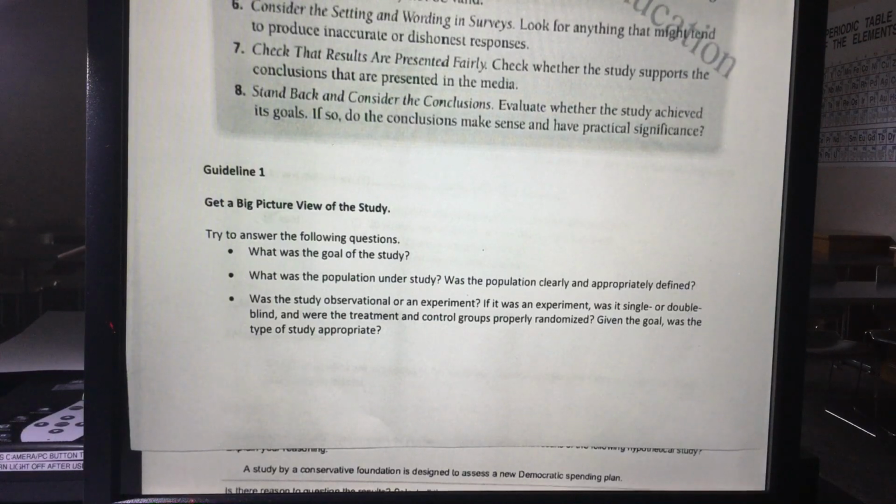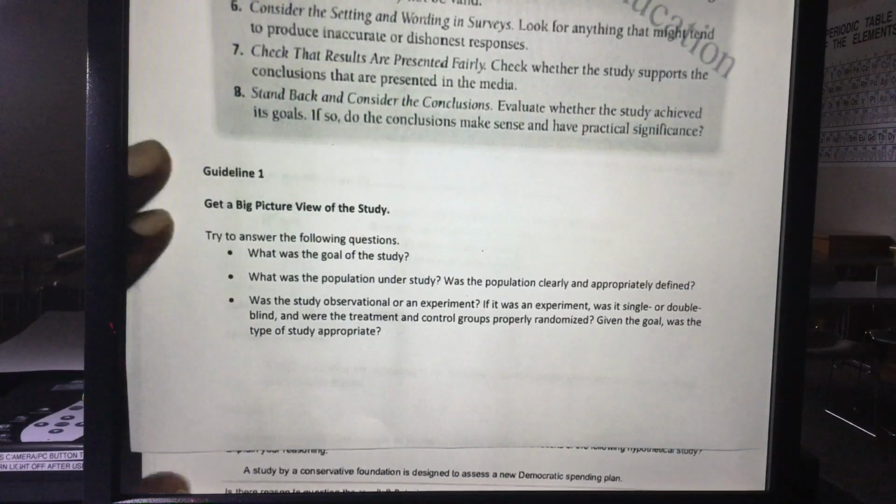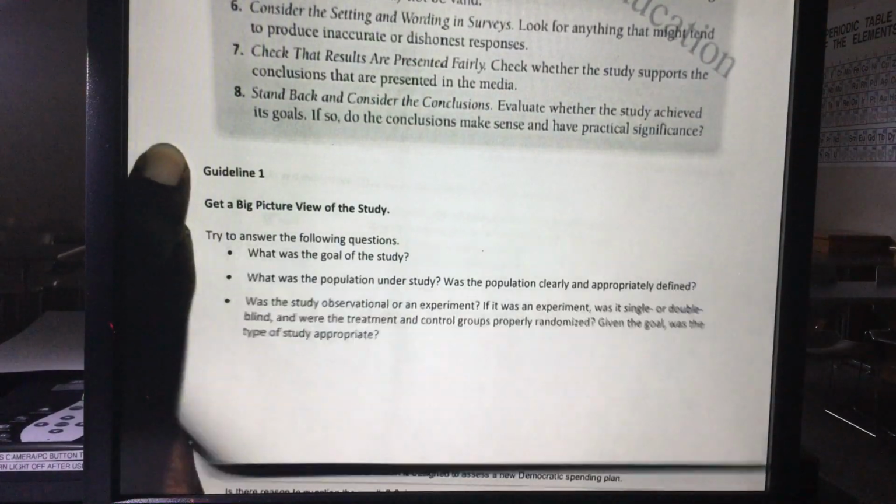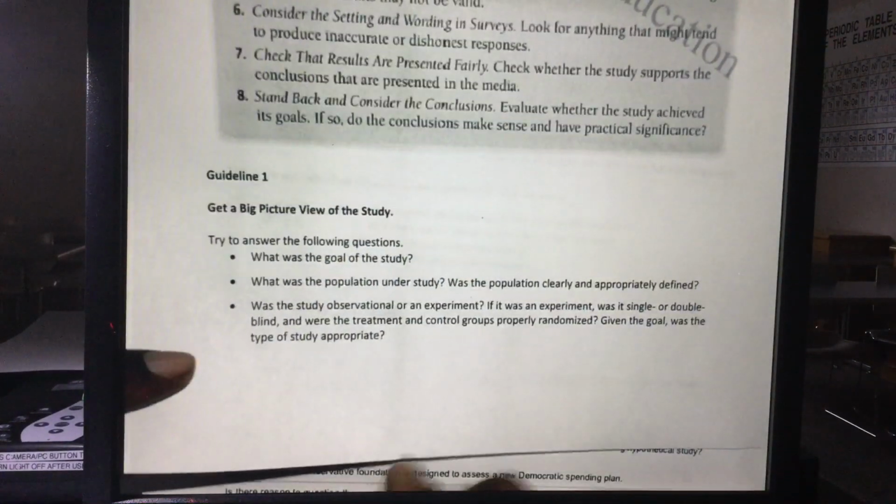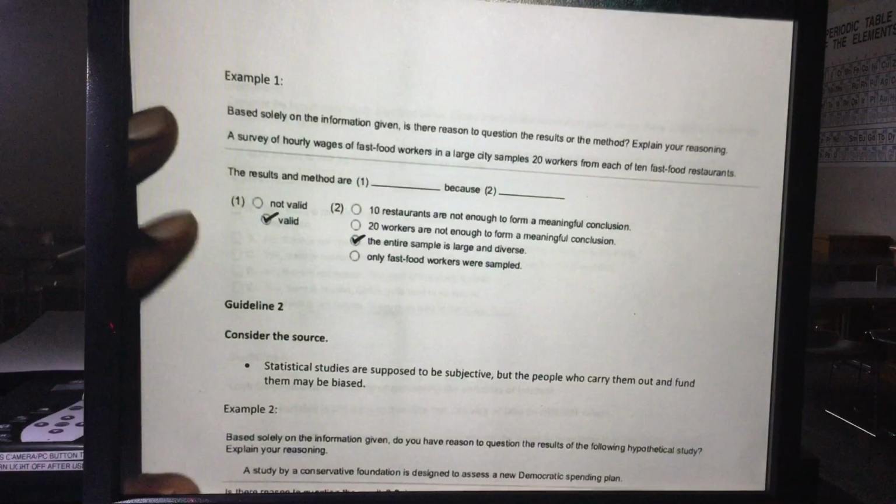If it was an experiment, was it single or double blind? And were the treatment and control groups properly randomized? Given the goal, was the type of study appropriate? Sometimes some studies may not be appropriate for that particular goal that you're trying to attain. So let's look at an example of that.